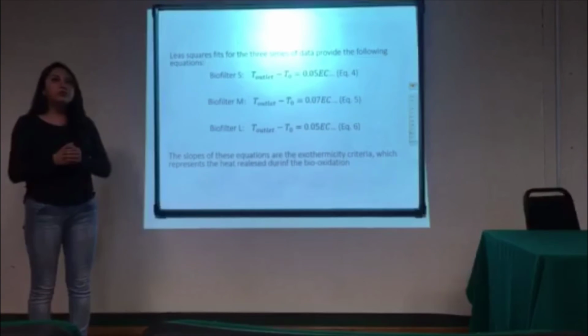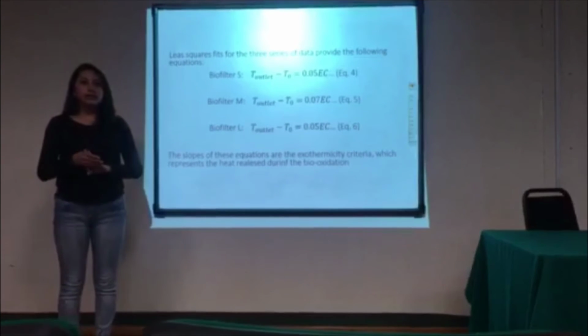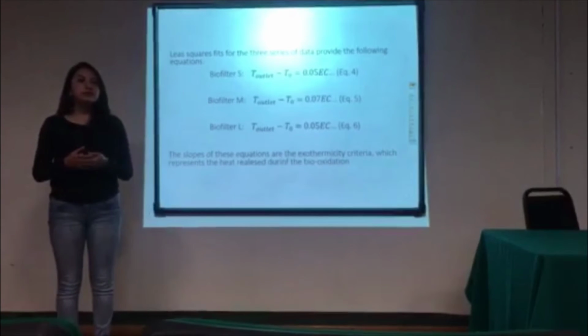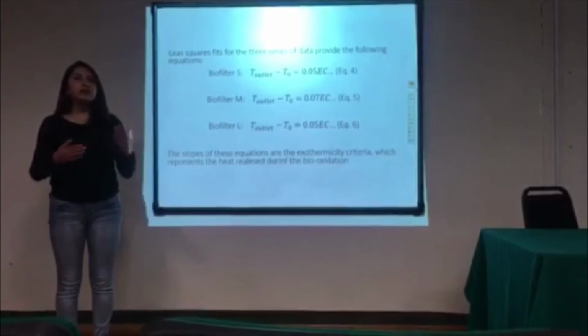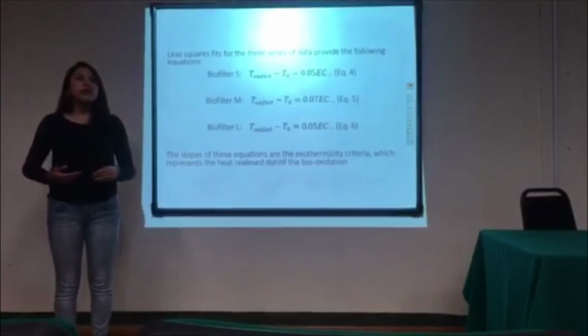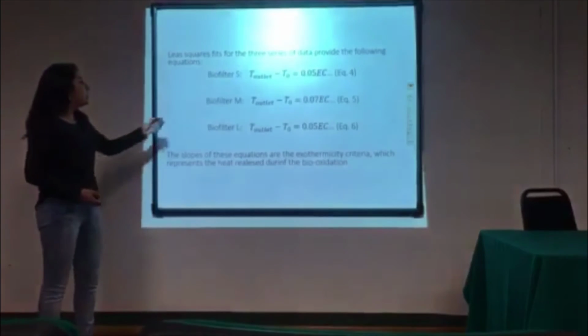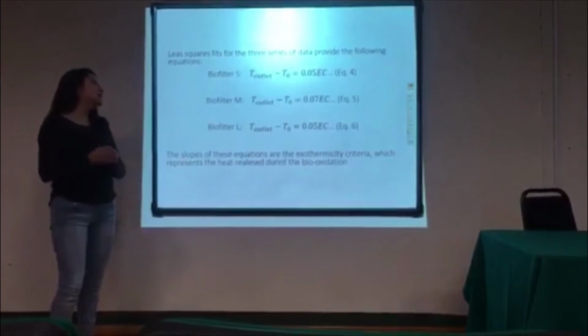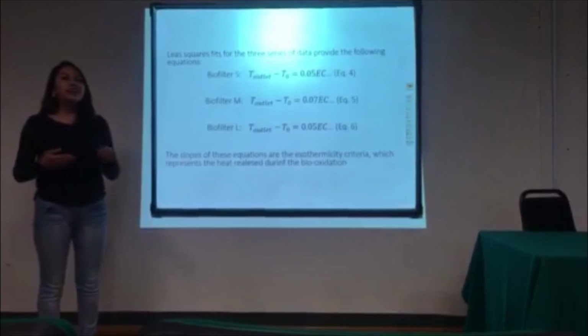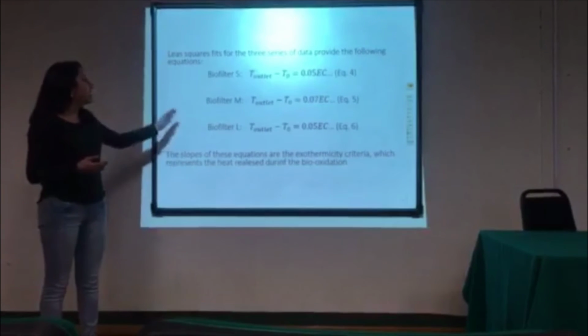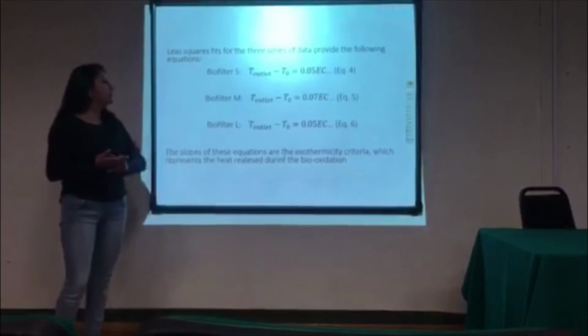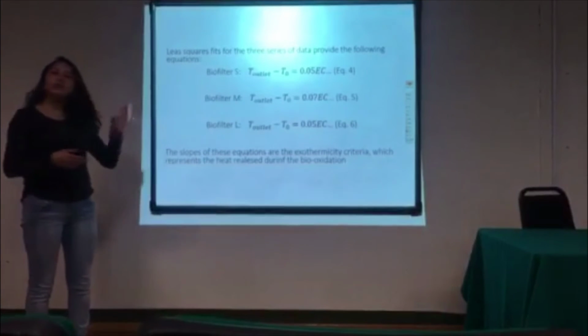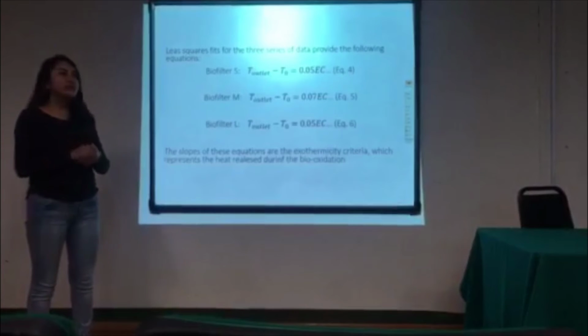And next, with the method, we obtain three balances. These three balances represent the energy transferred in the three biofilters. However, biofilters small and large have the same reaction. It's just biofilter medium which has a very insignificant difference.